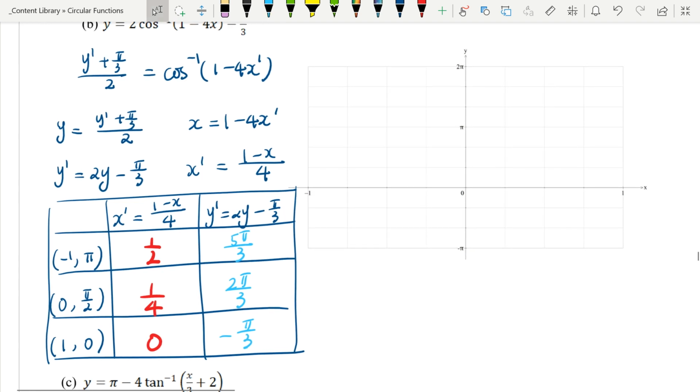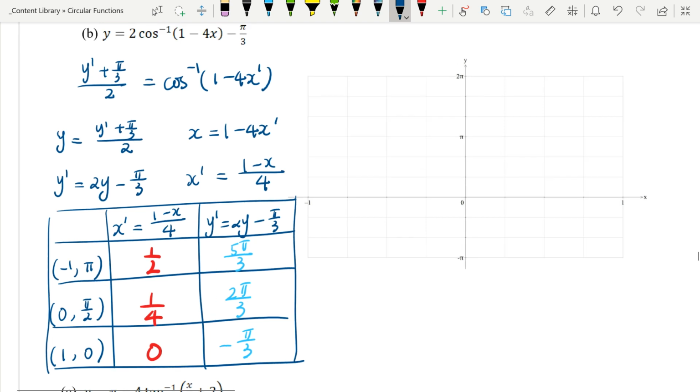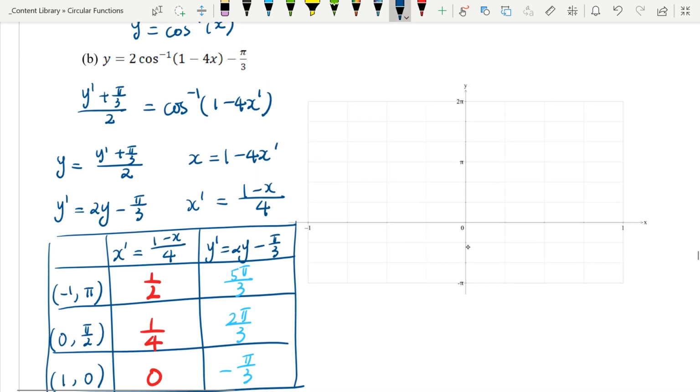Why I like this method is because you don't need to use your brain much. You just do the rearrangement. You just remember, okay, I want to rearrange x dash and y dash and just put values in. You don't need to think that much, like what's the dilation, what's the reflection, what my graph finally looks like. You just put the 3 points in and you can see. So a half and 5 pi over 3, where is it? So half, 5 pi over 3 is here. Okay, so that's here. A quarter, 2 pi over 3.